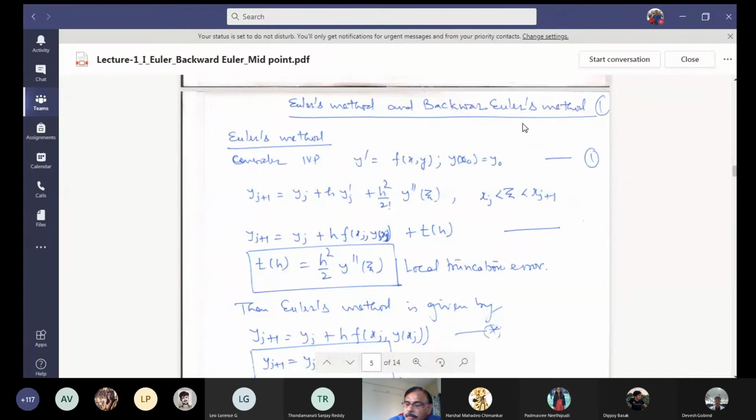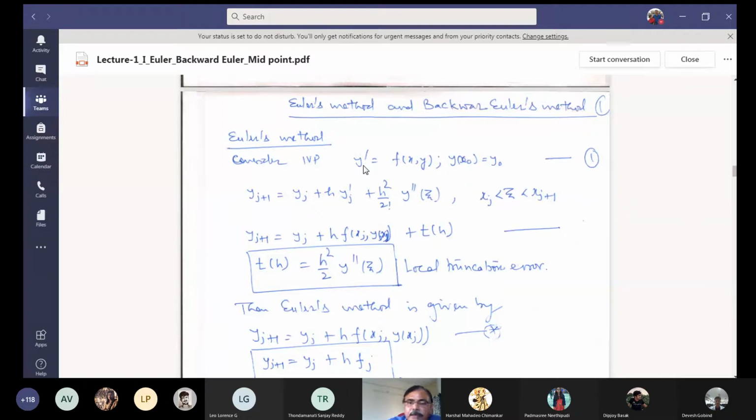Now, for this general point xk case, since the differential equation is valid for x0 to b, in particular it is valid at the point xk also. So we may say that y prime of xk equals f of xk, y of xk.